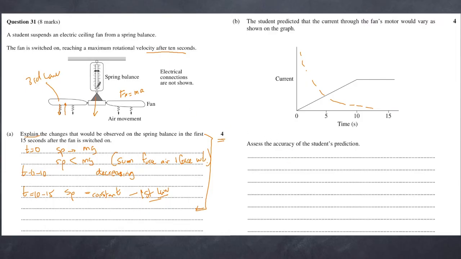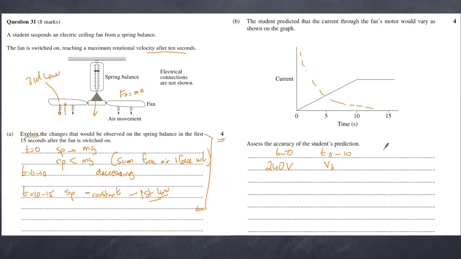We have a motor here that's spinning in a magnetic field, which means you're going to get the generation of an EMF that opposes the one that generates it. So we're going to get a drop in voltage. Let's say the fan is connected to a 240 volt power supply. At time equals 0, it says 240 volts. Then as it speeds up, say from 0 to 10 seconds, we're going to see a drop in voltage, because the back EMF will reduce this amount.